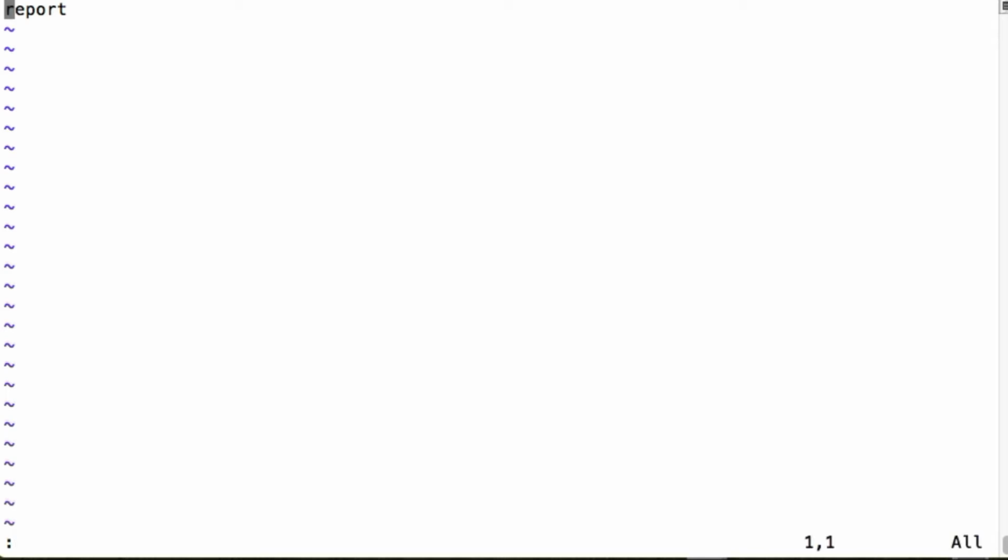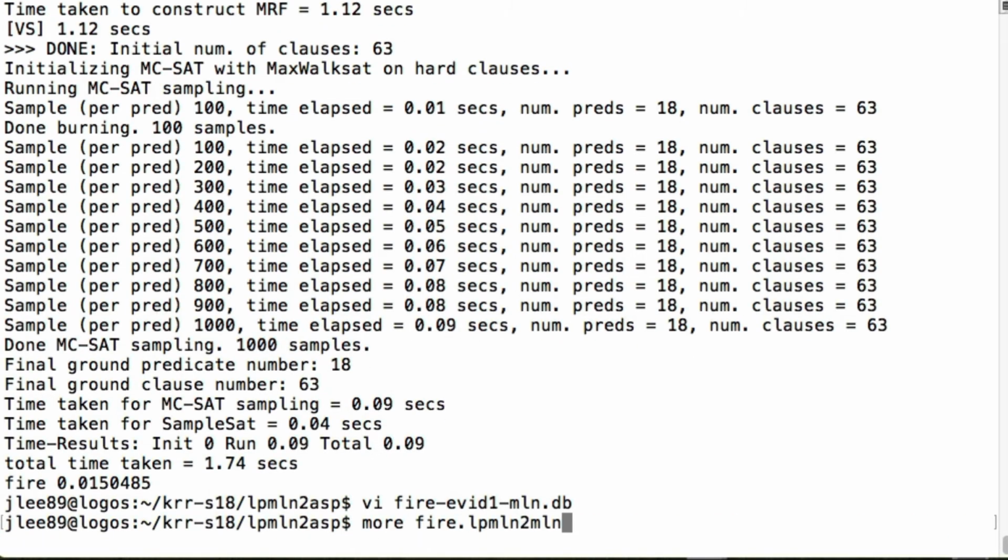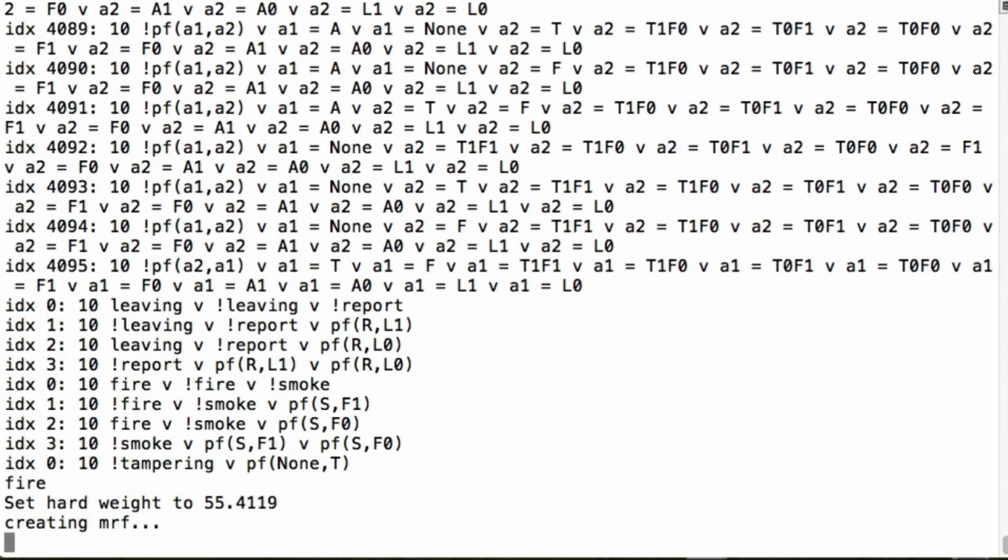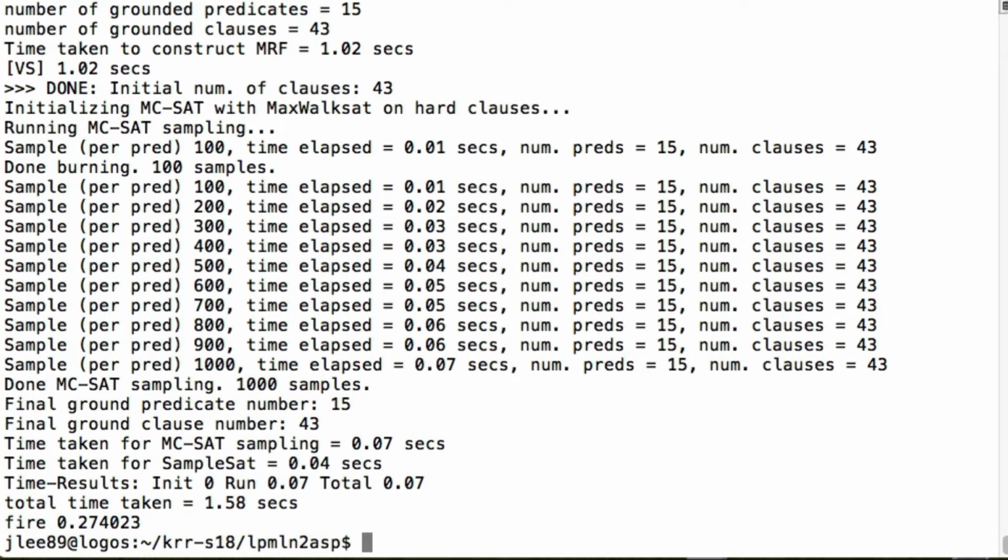So I can write report and maybe not tampering. You give as much information as you know. If you call it, the probability of fire is 27%, which is increased from before.